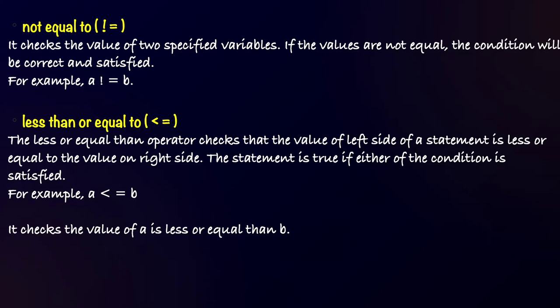In maths we use this kind of operator, less than equal to, in the inequalities chapter, if you remember, right? The statement is true if either of the conditions is satisfied. Okay, that means if any one of the conditions is satisfied, the statement will be true. So if it is either less than or equal to, or both conditions are satisfied, then the statement will be true. I hope you've understood this.